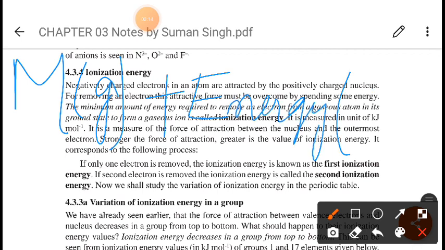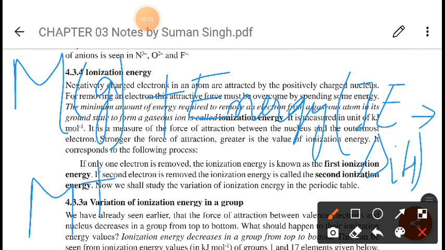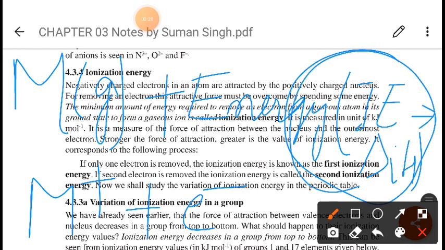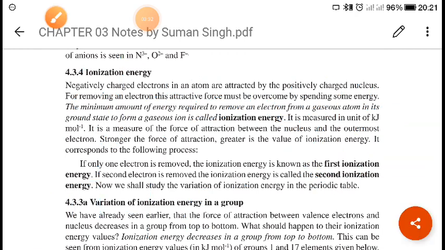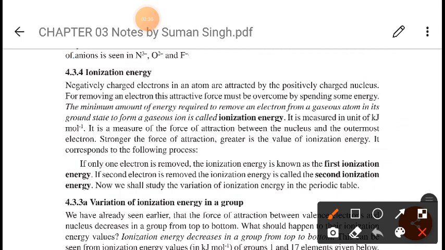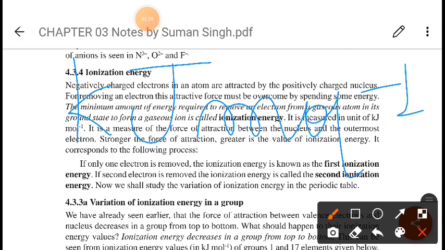That energy may be written as IE, ionization enthalpy, or as delta IH. It will give M plus, and an electron will come out. This energy is called ionization enthalpy. Its unit will be kilojoule per mole.